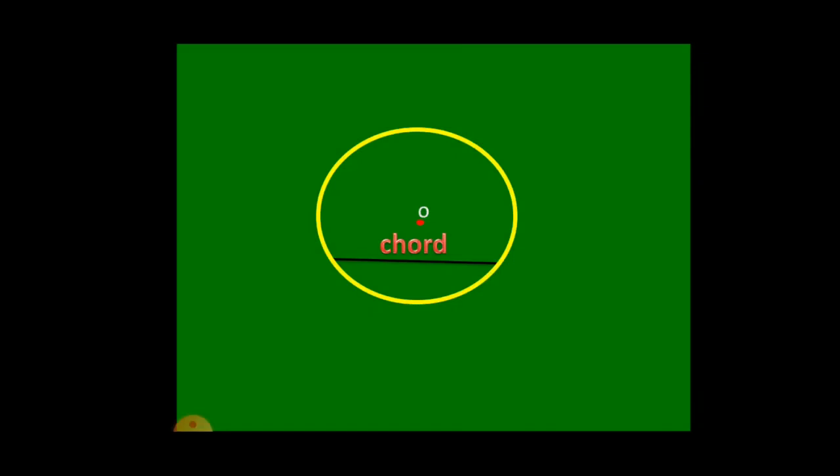Now just have a look at this. The top half, which I have shaded with red, is the part of the circle which is bigger in size. And the green part, which is not colored, is the smaller part of the circle. The bigger part is known as the major segment, and the smaller part is known as the minor segment.